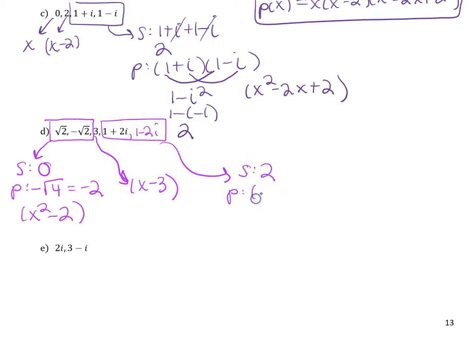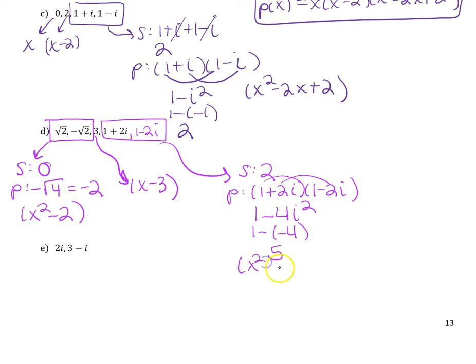Okay, the product I'll actually do out. So I get 1 minus 4i squared, which is 1 minus a negative 4, which is 5. So x squared minus 2x plus 5 would be the quadratic that gives me those imaginary solutions.